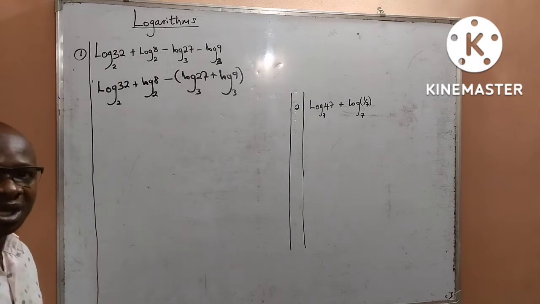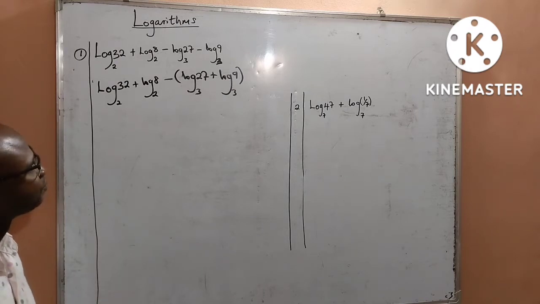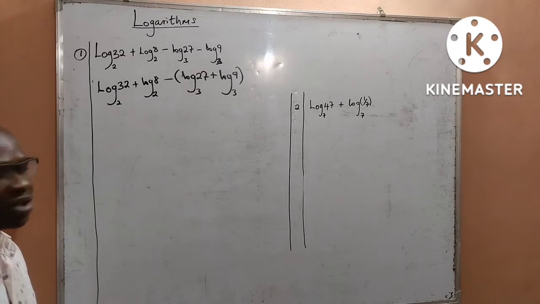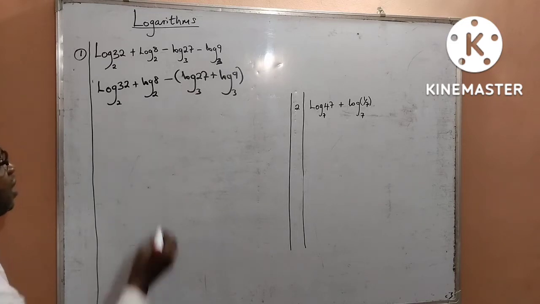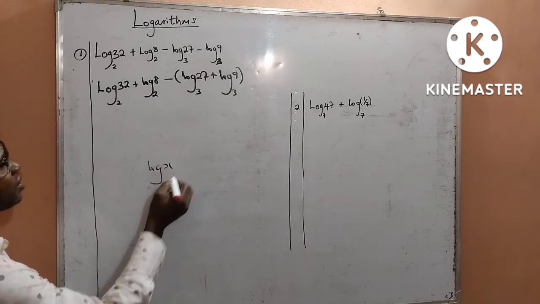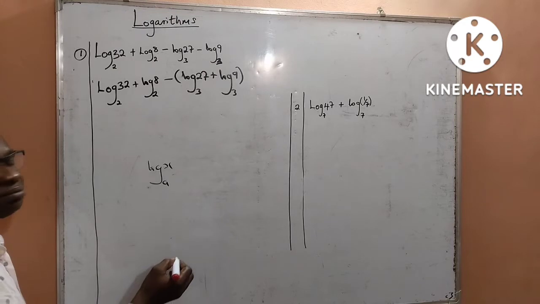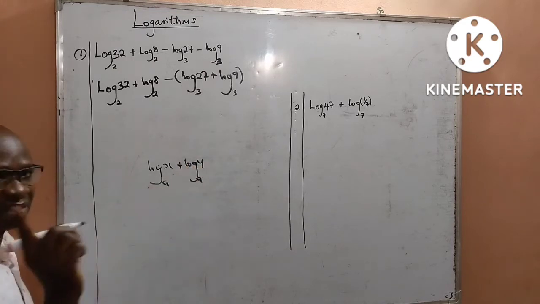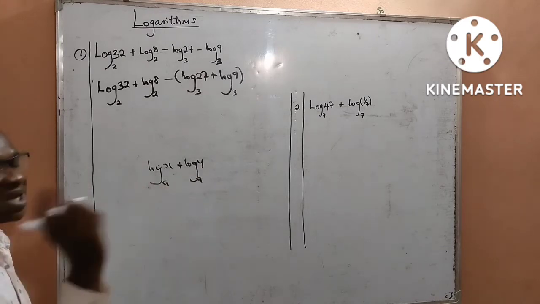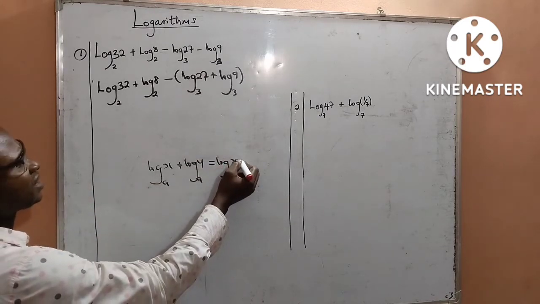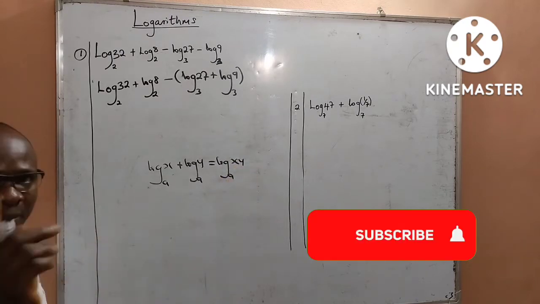At this point, I can apply the addition law of logarithms, which says if I give you log x base a plus log y base a, once the bases are the same, you should write it as log xy base a, multiplication.